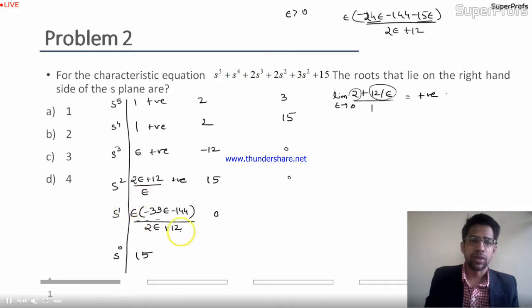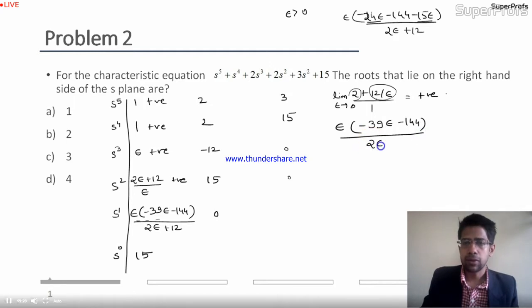Let us talk about this number. Epsilon into minus 39 epsilon minus 144 divided by 2 epsilon plus 12. Now if you divide numerator and denominator by epsilon square, which is again a positive number, you get minus 39 minus 144 by epsilon divided by, this is a positive number and dividing it by epsilon will give us a positive number.